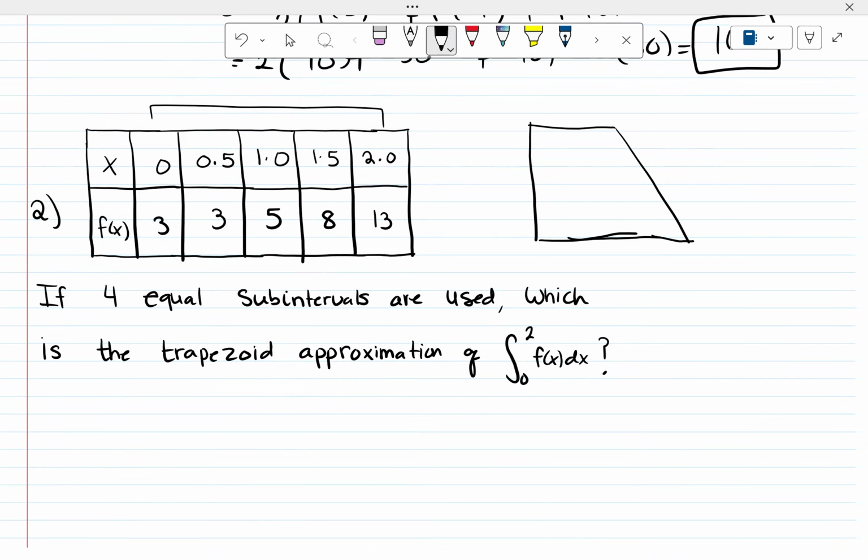These are your bases, base 1, base 2, and then this is your height. What is the area of a trapezoid? The area of a trapezoid is 1/2 times h times the sum of the bases, b1 plus b2.